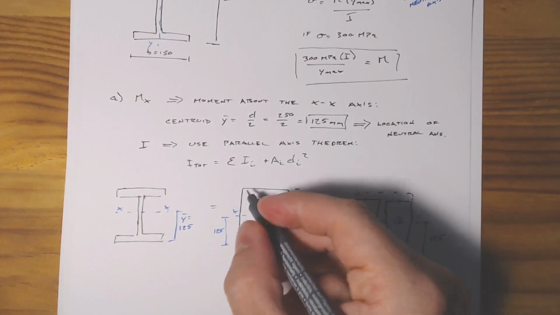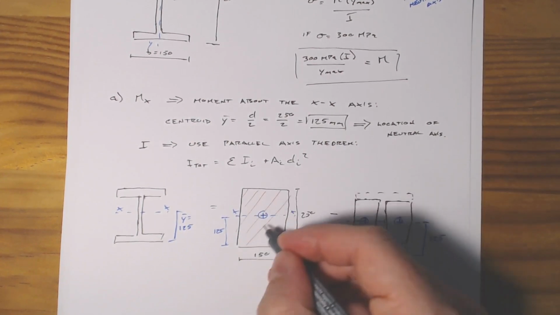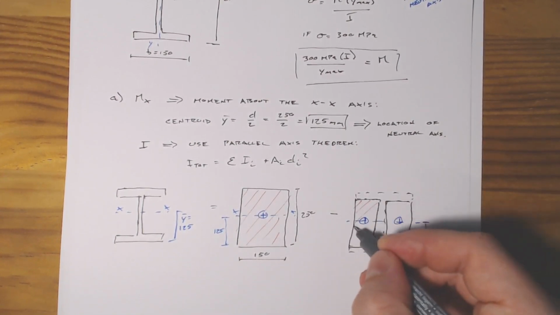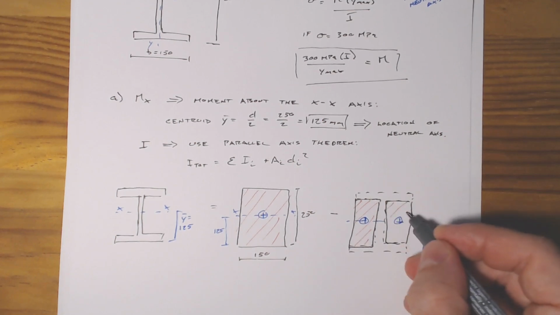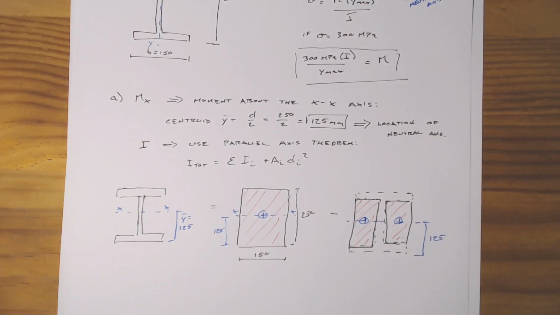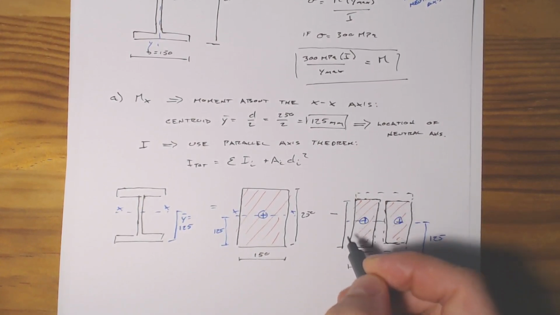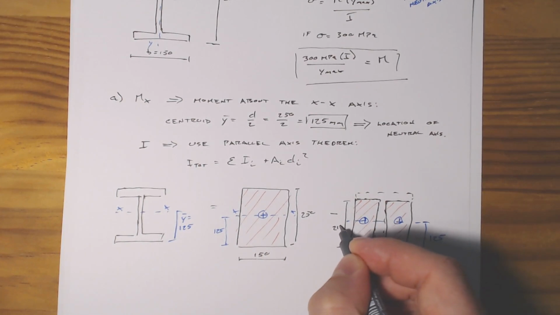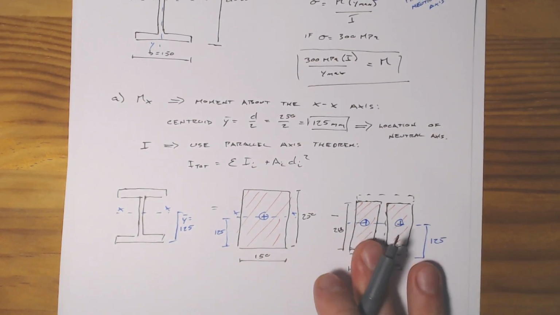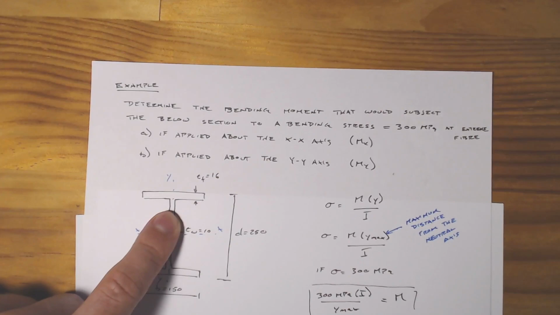Then let's go ahead and color in the areas just to make it show up nice and clear in the video. We'll also put some dimensions here. This is 70, and it has a height of 218, which is just 250 minus 2 times 16.